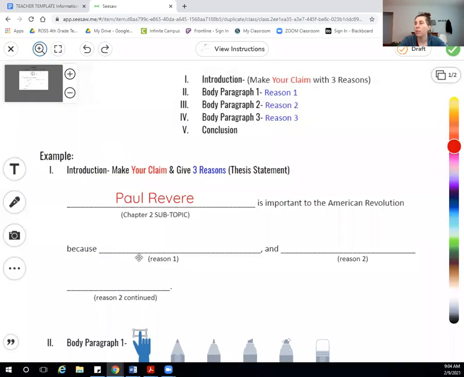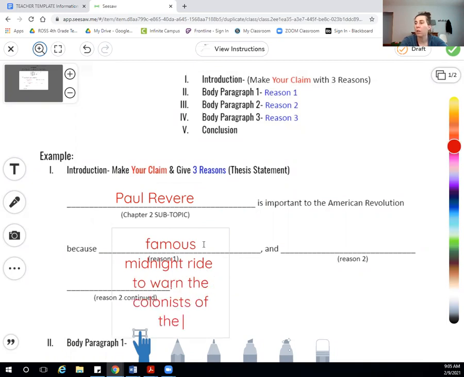After that, I'm going to list the reasons why Paul Revere was important to the American Revolution. My first reason that I have decided on is his famous midnight ride, because of the famous midnight ride to warn the colonists of the British attack.